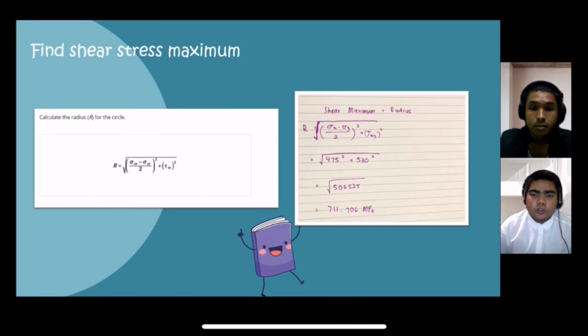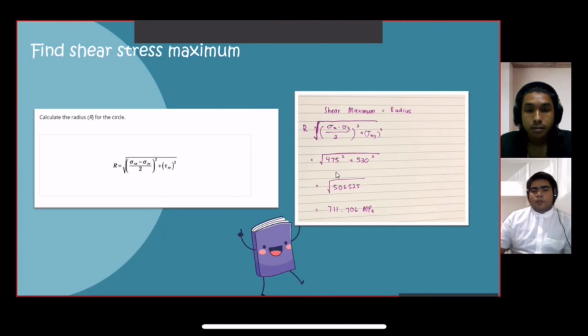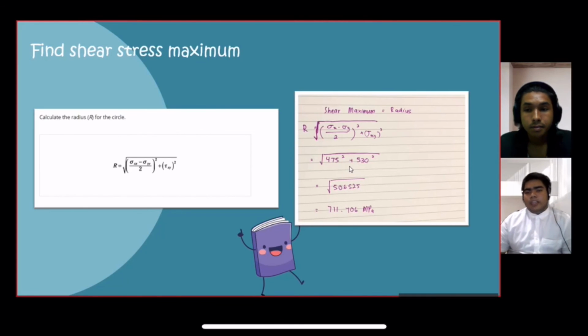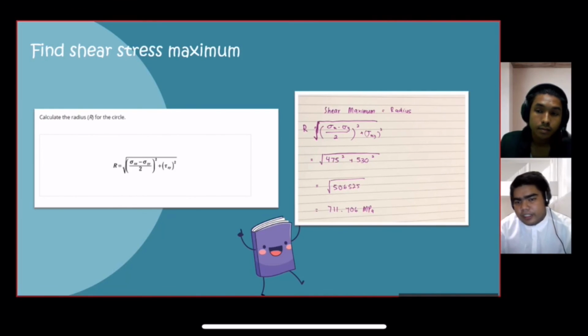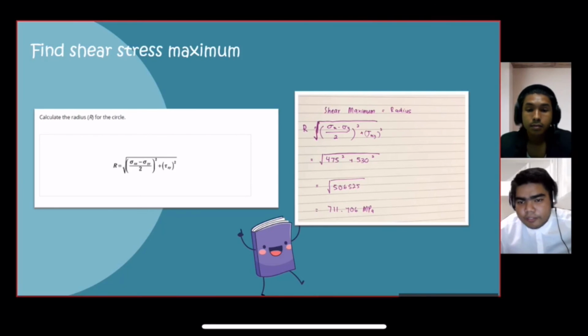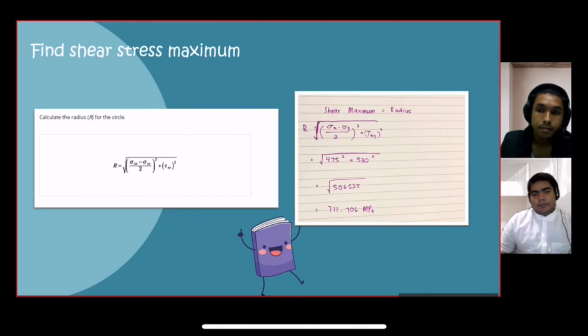So for the first value, we have 475 to the power of 2, plus 530 to the power of 2. And we got the final answer, 711.706 megapascal. Next, I will pass to our team member.